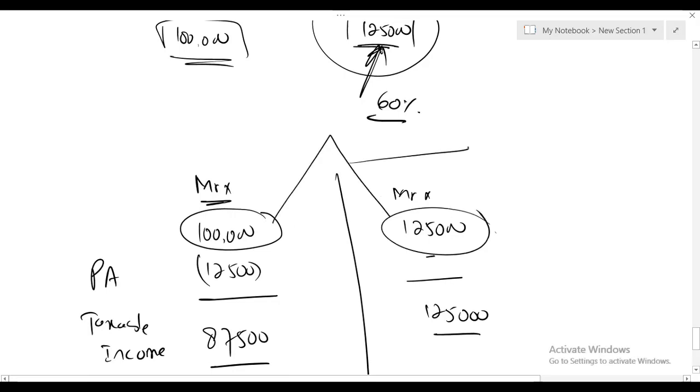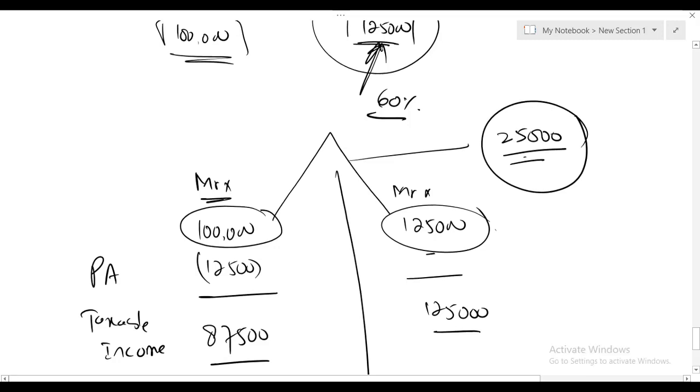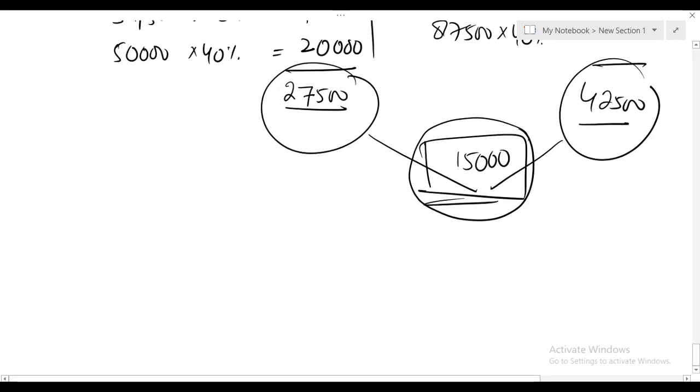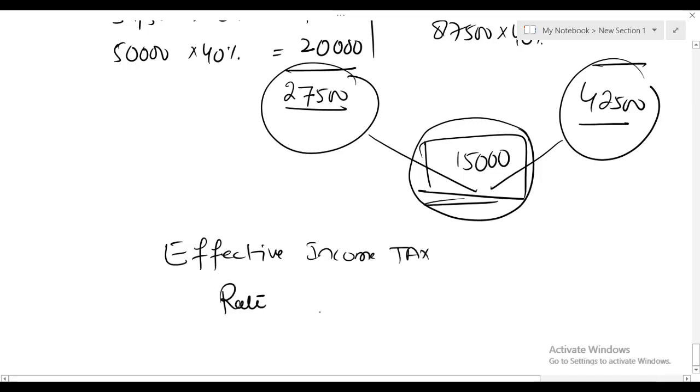So the difference in the income is 25,000, which means that just due to this 25,000 additional income, logically Mr. X is paying additional income tax of 15,000, which means that the effective income tax rate on that additional 25,000 is 60%. It is 60%. Look at this.